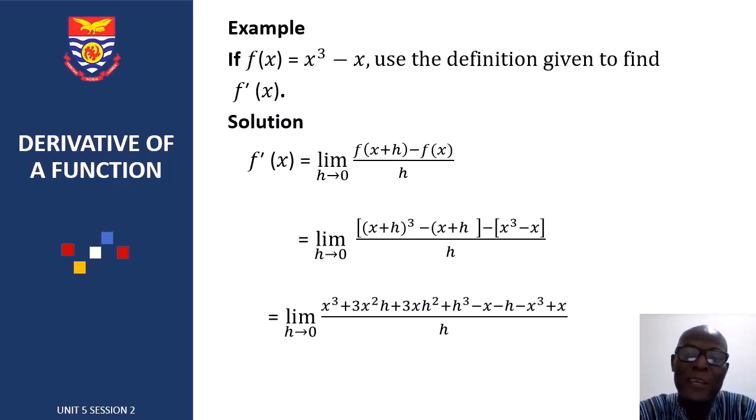Now simplifying, this gives x to the power 3 plus 3x squared h plus 3x h squared plus h to the power 3. Then minus x minus h, because the negative is affecting the braces x plus h. Then minus x to the power 3 plus x, all over h. Let's continue in the next slide.